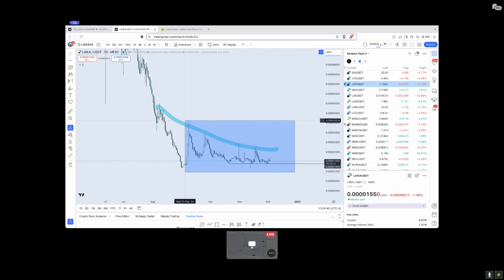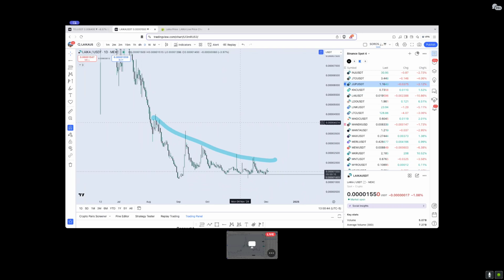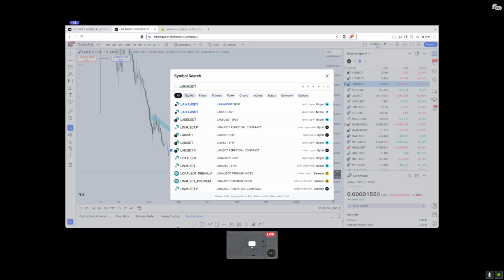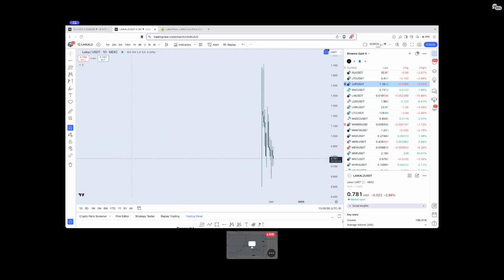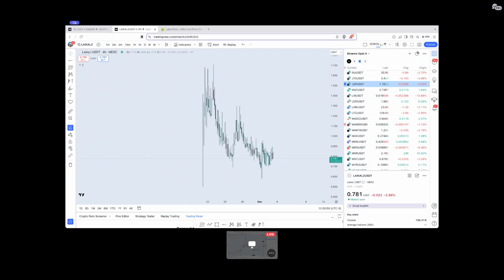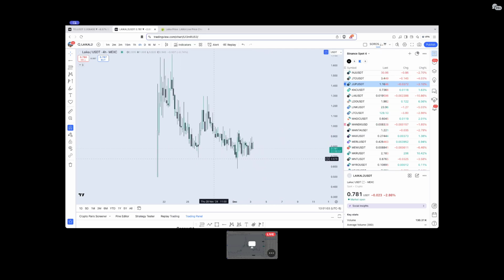This one looks good too, man. Like L2 on Mexi. Same setup, man. Damn. Reclaim, run.